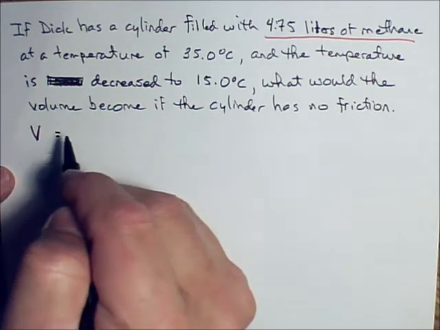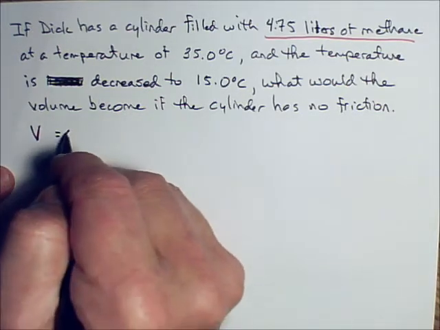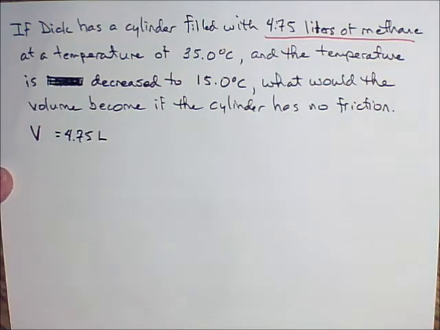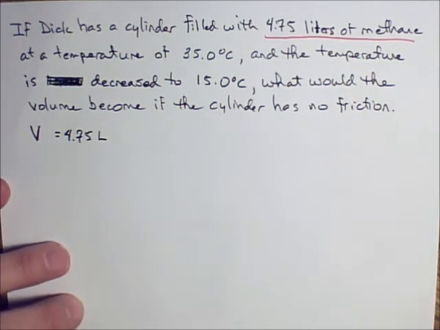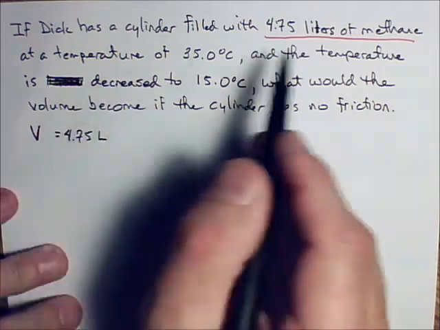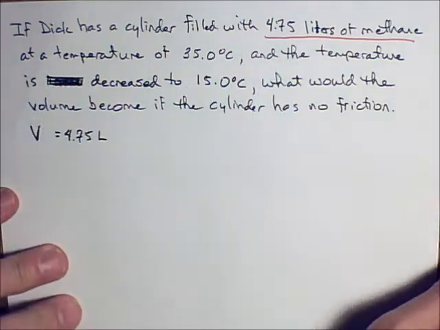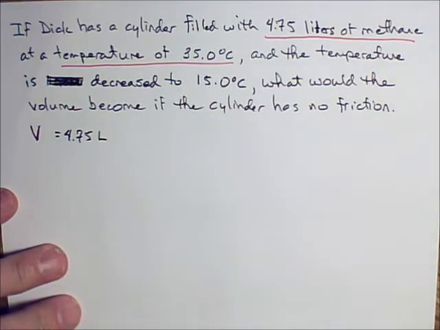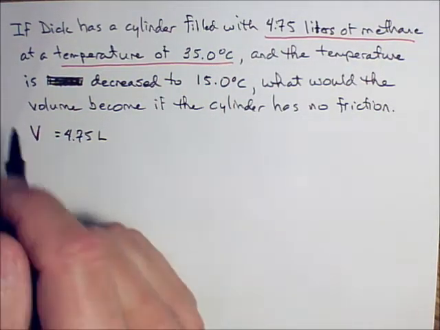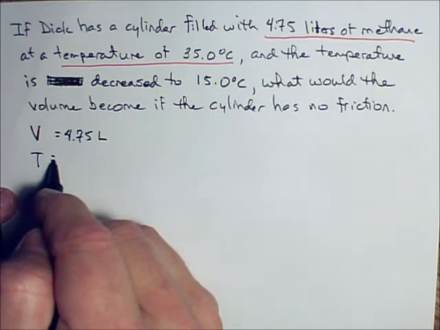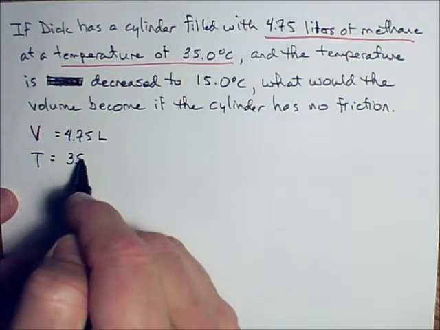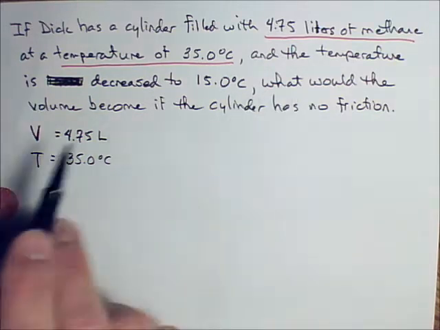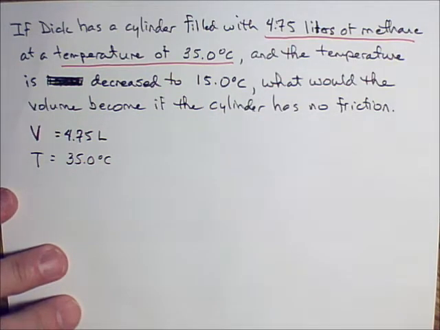So we know that one of the V's, if there is more than one, is going to be 4.75 liters. Okay? That's a known. At a temperature, well, it tells you its temperature. I could have just said 35 degrees C. You should have known its temperature. But I wrote temperature here. So we know that's a temperature of 35.0 degrees C. Okay, and the temperature has changed, got a new temperature.